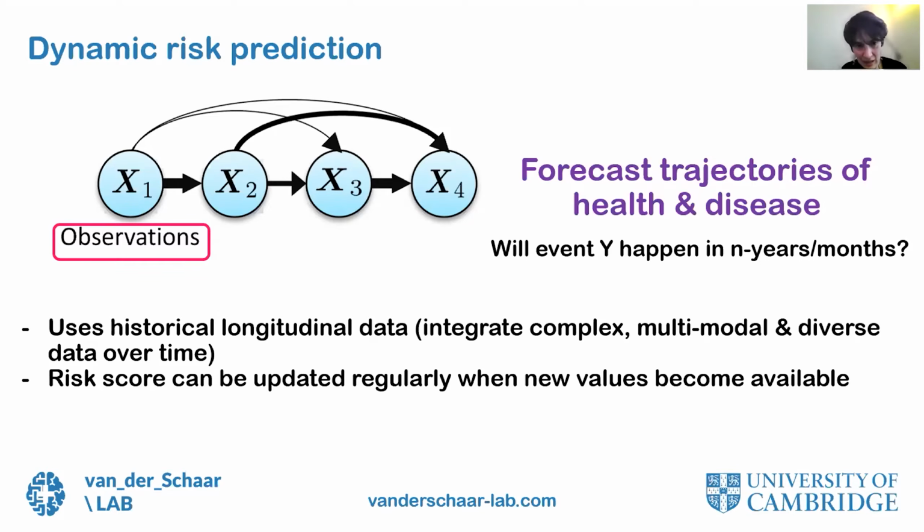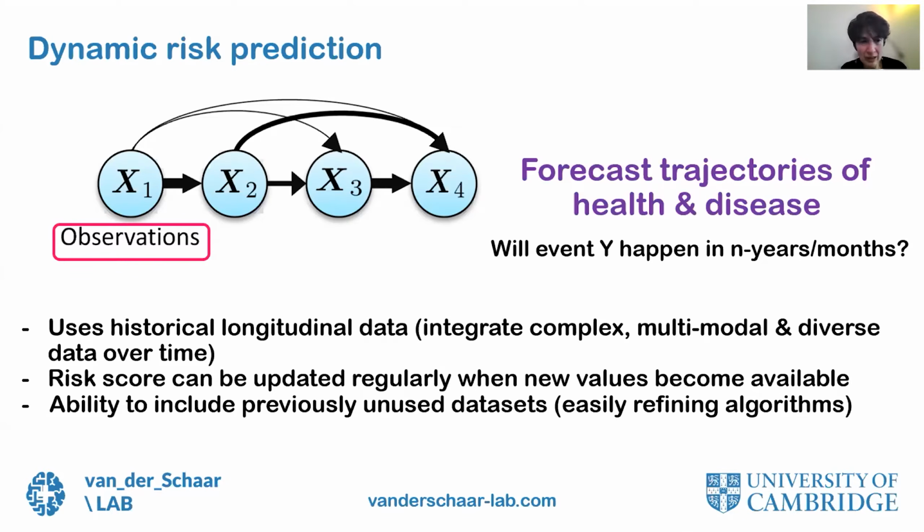So as the characteristics of the patients are changing, a new prediction can be done over time. So unlike current practice where we often do this risk prediction based on static information, now we can do it based on diverse longitudinal information. And also over time, we can update this risk as more information becomes available.